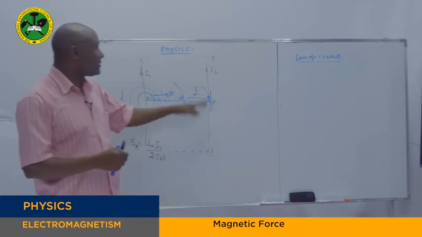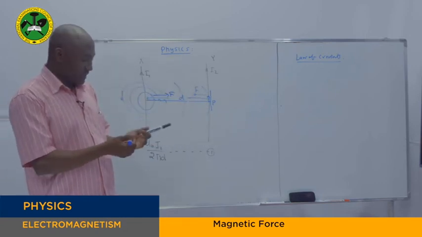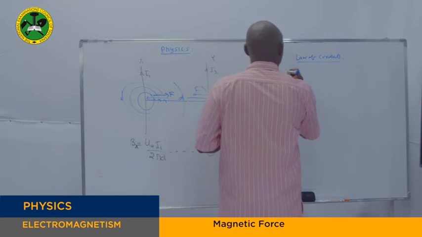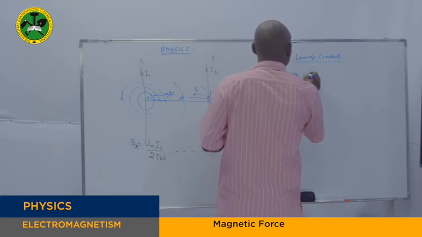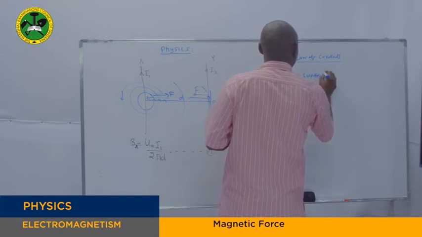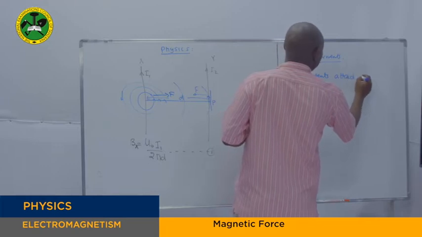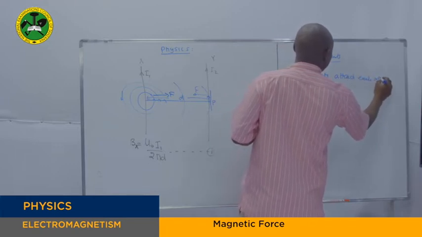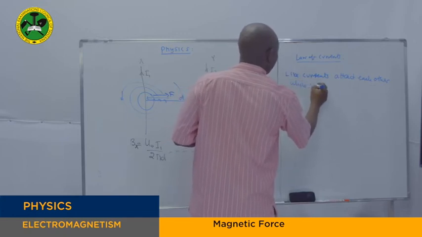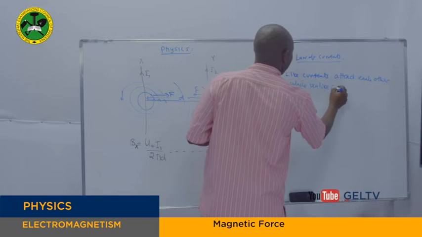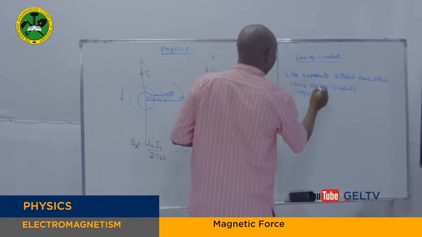When conductors carry current in the same direction, the principle is that like currents attract each other, while unlike currents repel.